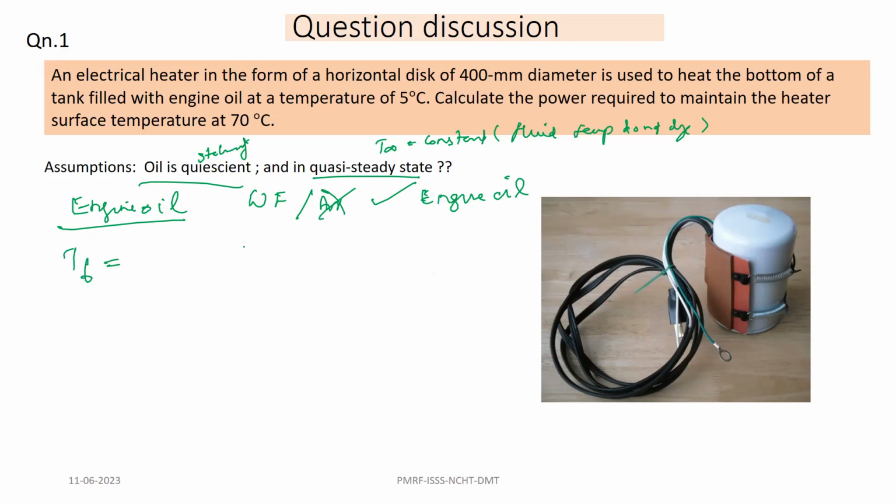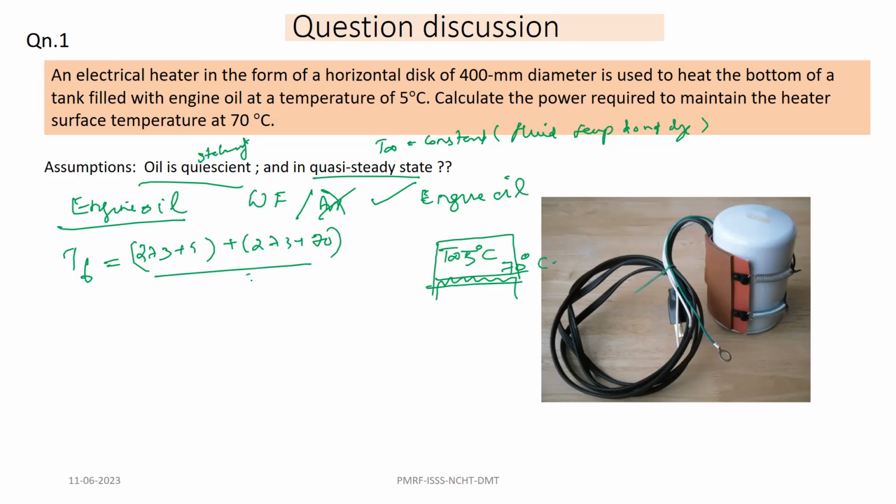The fluid is at 5 degrees Celsius, which is our T infinity, and the heated plate is at 70 degrees Celsius. So we will convert that into Kelvin. Finally, (273 plus 5 plus 273 plus 70) by 2, so that will come to be 310 Kelvin.